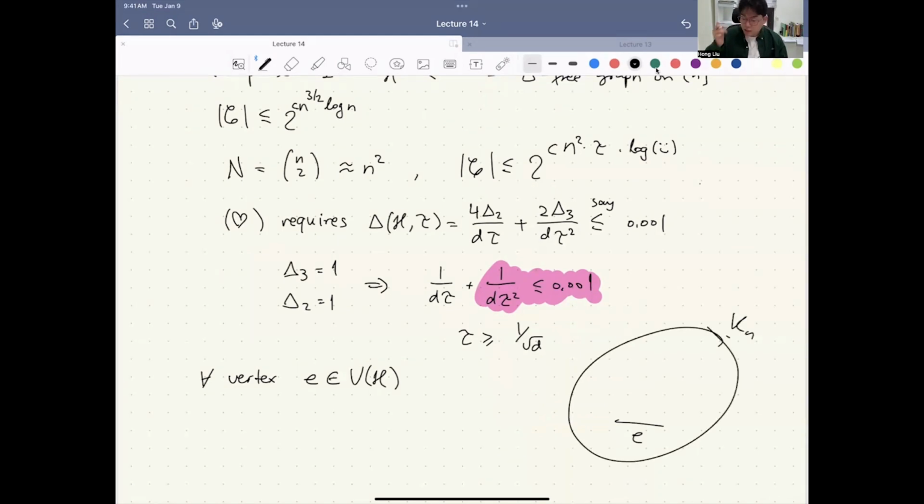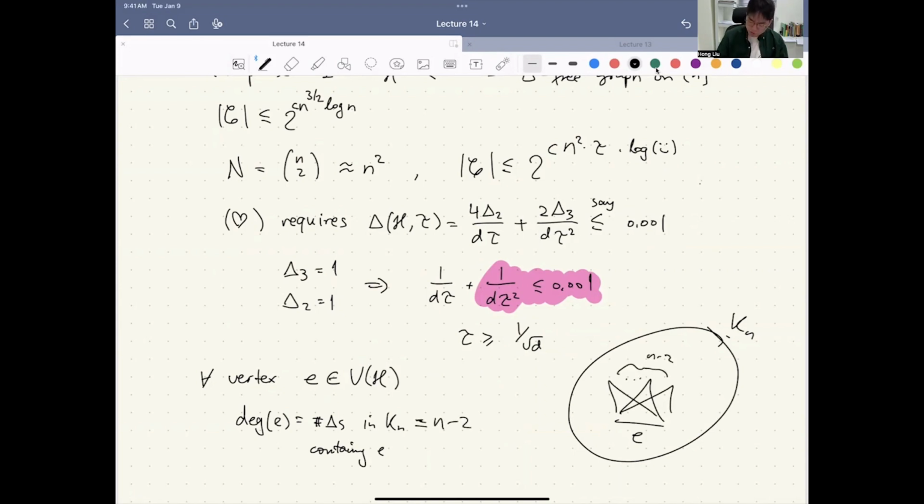The degree is the number of triangles, right? Degree of E is the number of triangles in Kn containing E, which is precisely n minus 2.